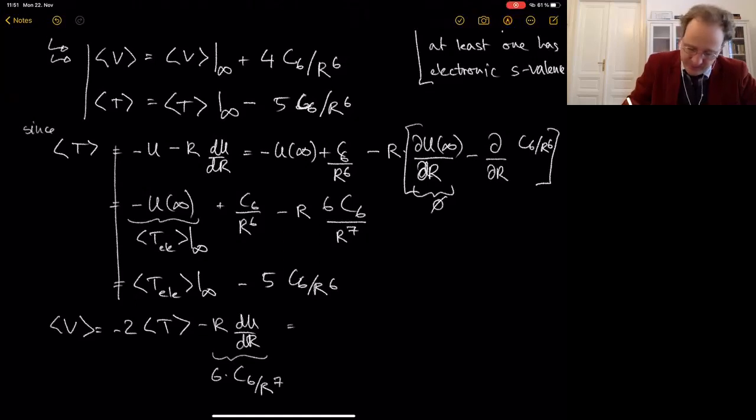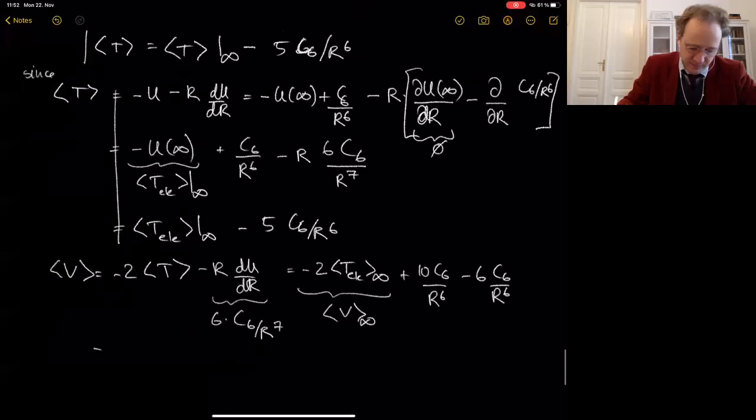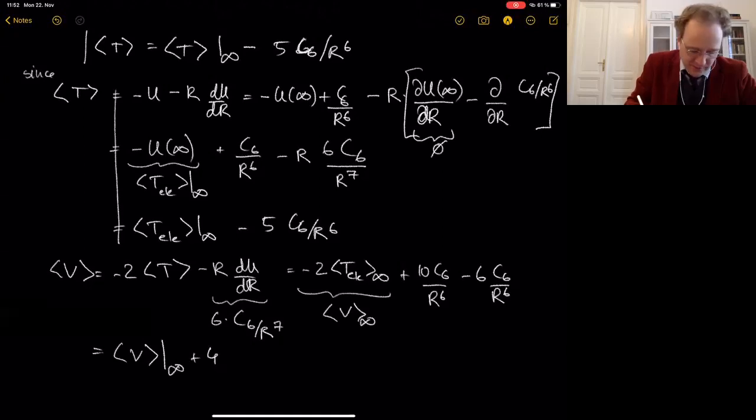And so this is minus 2 TL infinity, which is the same as V at infinity, plus 10 6 over R to the 6 minus 6 C6 R to the 6. And so this leaves you then V infinity plus 4 C6 over R to the 6.